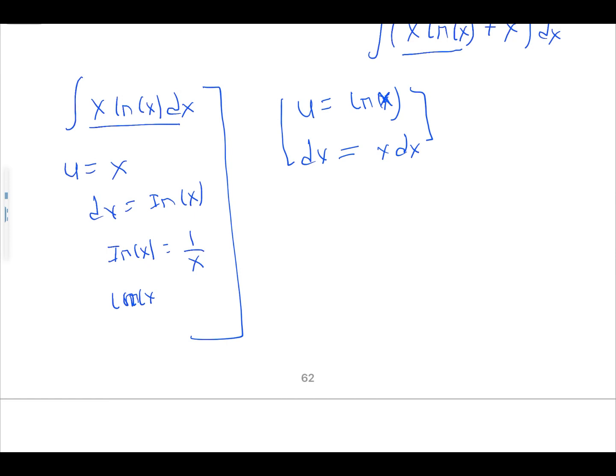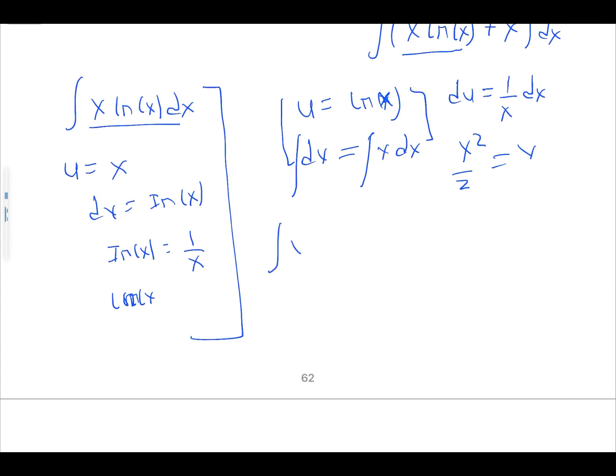Now we have our u, but we don't have our du. Differentiating our ln x, we are going to get 1 over x dx. And finding our v by integrating both sides, we are going to get x squared over 2, which is equal to v.